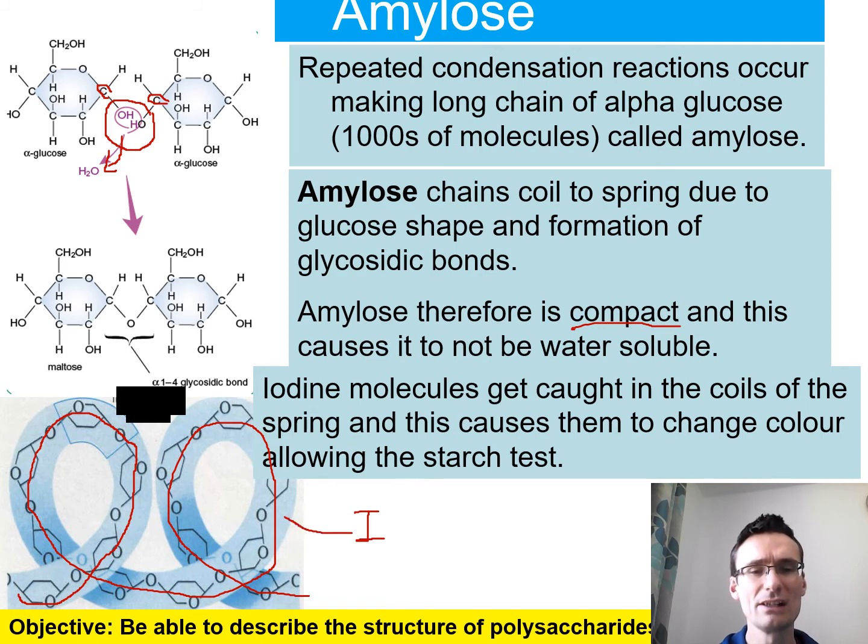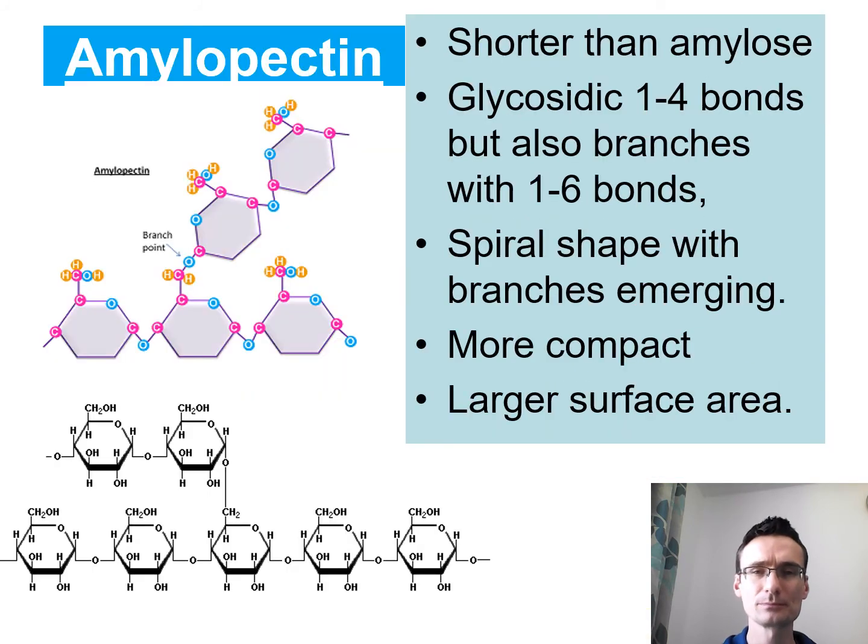When the iodine reacts with starch, what it's actually doing is it's going in and getting caught effectively in the coils and then bonding with parts of the coil, and therefore that's why it changes colour, because it forms a bond with the starch molecule.